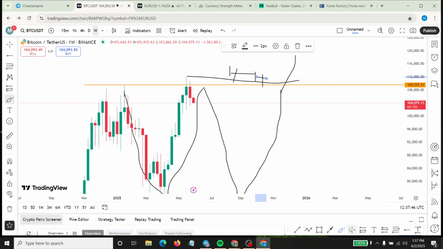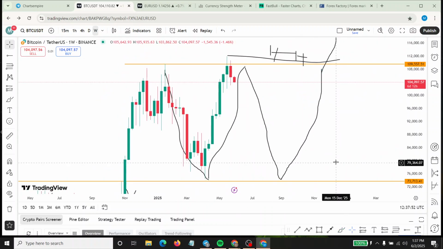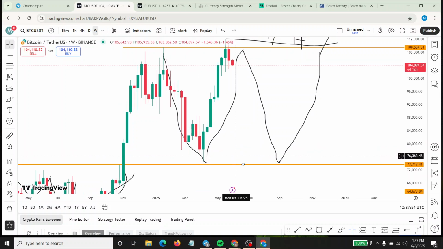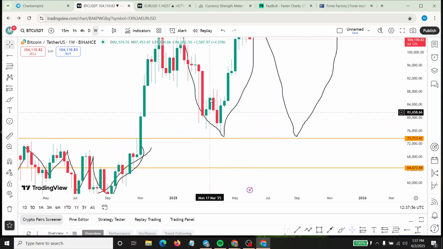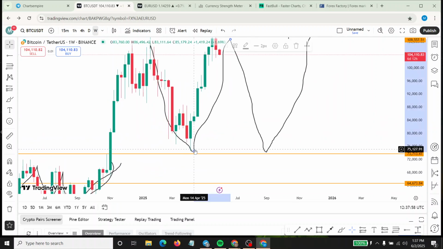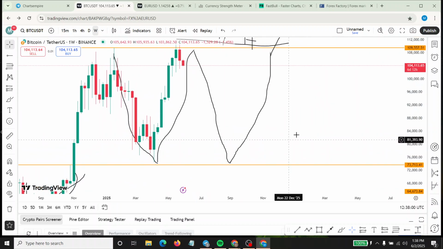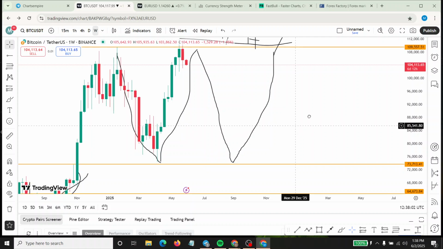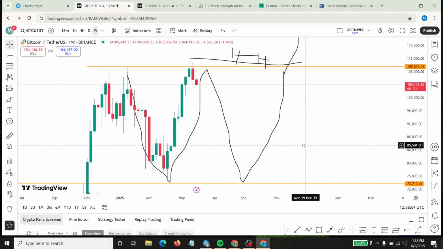So this uptrend is still valid until the sellers violate this low. Once they violate this low, it seems there wants to be a change of trend. But this place is still valid.